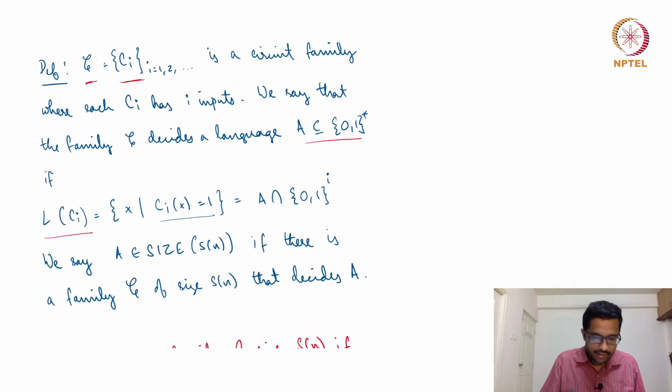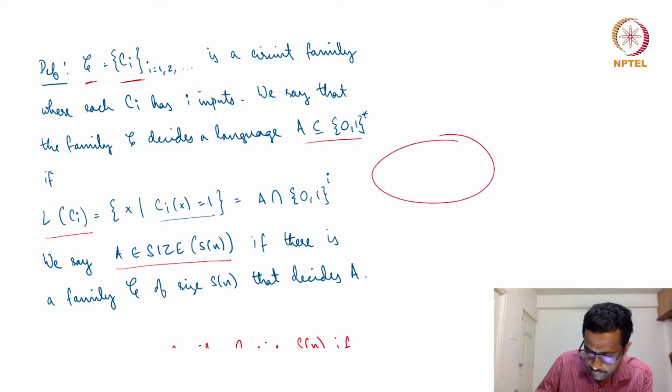And we say that a language A is in size Sn if there is a family of circuits of size Sn that decides A. So just once more, suppose A is a big language, with 0-bit instances, 1-bit instances, and so on.